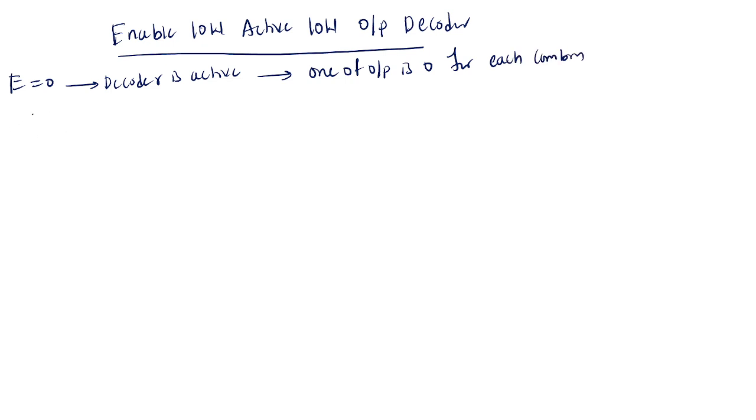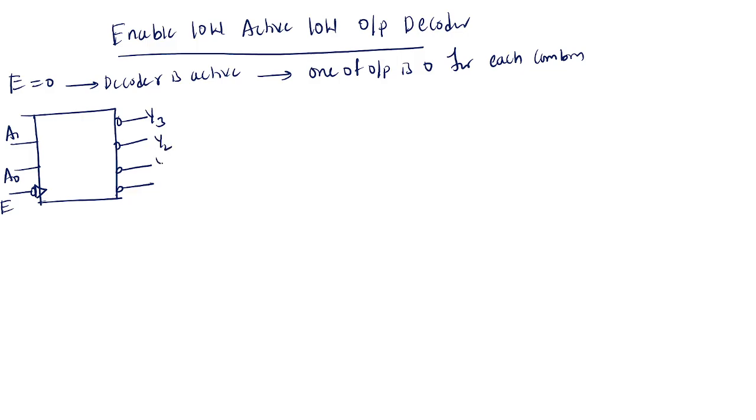If you see the block diagram, two inputs A1 A naught, and the enable pin given through the bubble, active low, and active low outputs given through the bubble: Y3, Y2, Y1 and Y naught. So this is the 2 to 4 decoder.